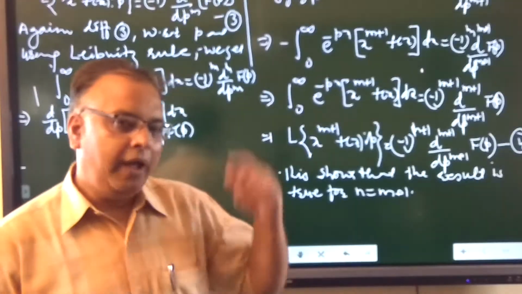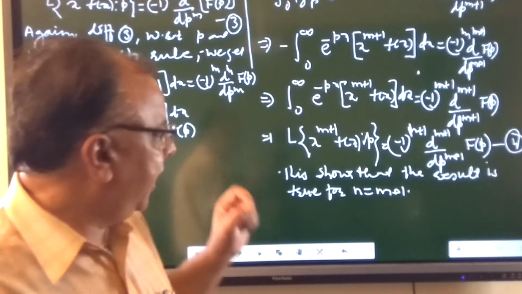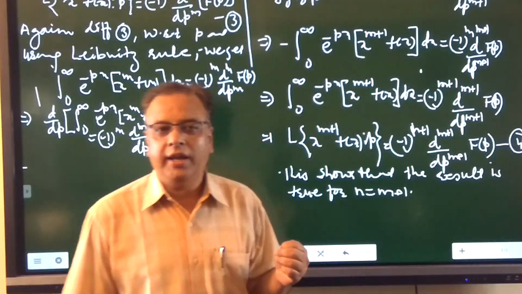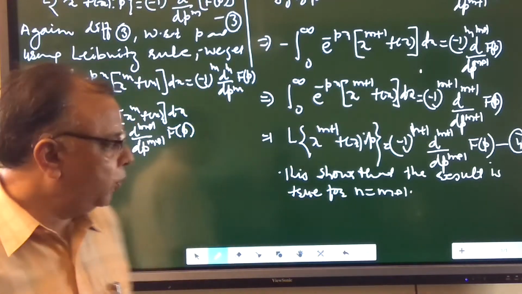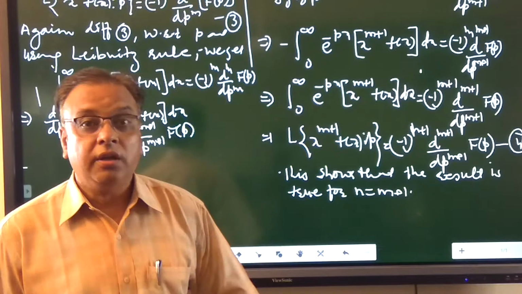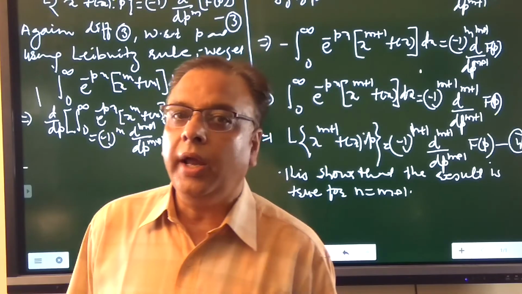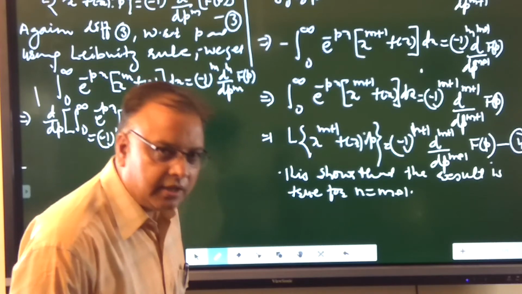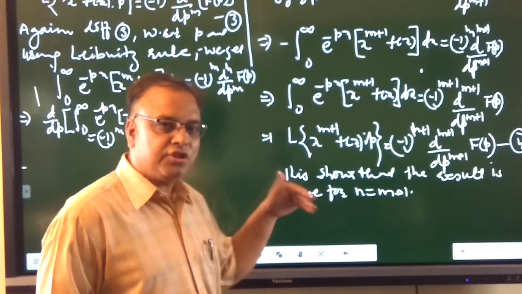So we have proved that the result is true for n is equal to 1. We have assumed that the result is true for n is equal to m, and we have proved that the result is true for n is equal to m plus 1. So this result is true for all natural numbers n. So we use the principle of mathematical induction. We can say that the result is true for all n.